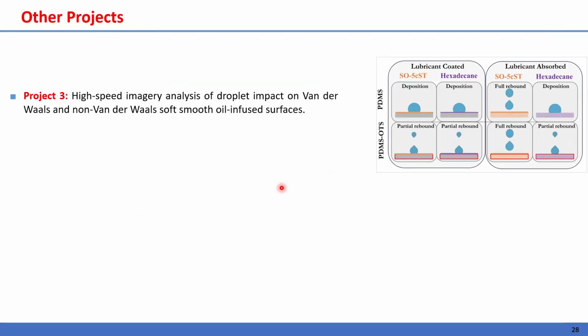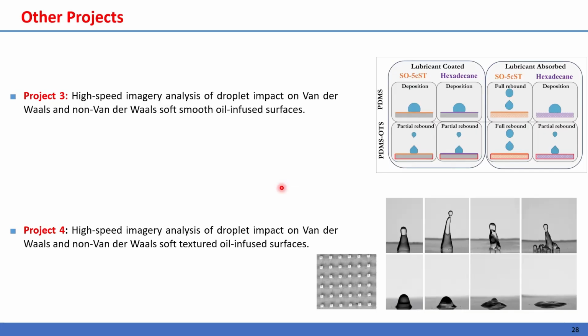Other projects in which I have experience: in project 3, which was my thesis, I investigated droplet impact on smooth PDMS surfaces that were either coated or absorbed separately with different lubricants, and also examined the influence of softness on the droplet dynamics. In project 4, we extended this study with textured PDMS, where droplets were tested on these samples coated again with silicone oil and hexadecane.